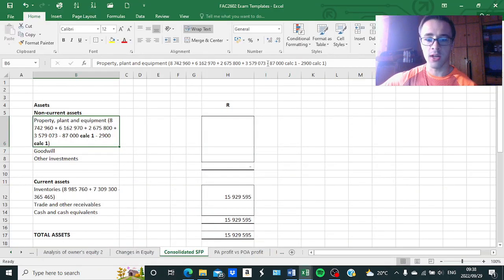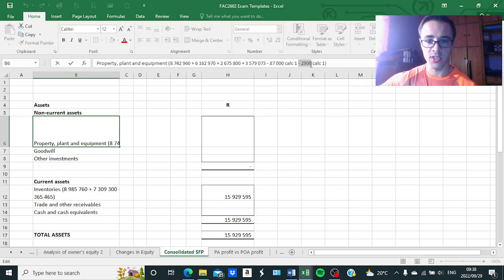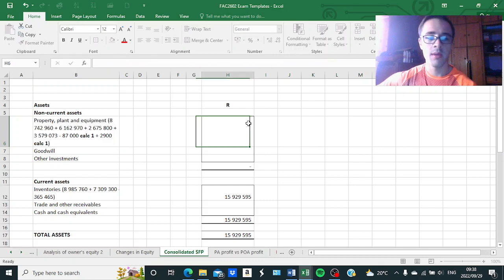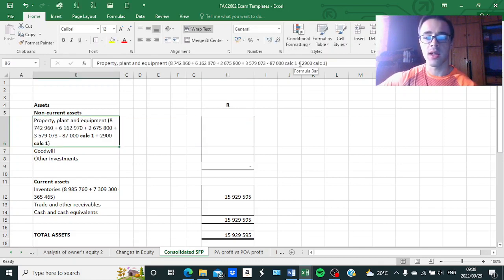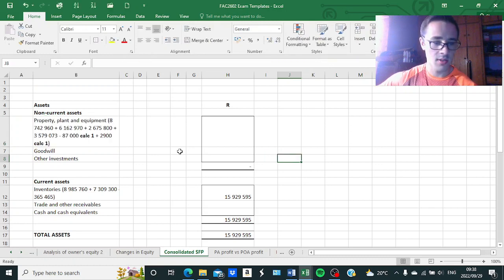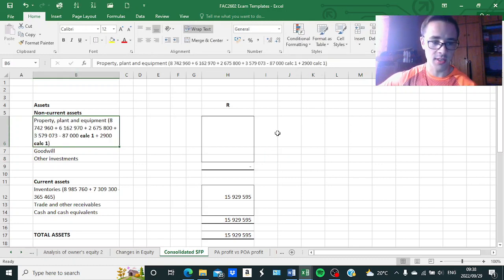We have removed the unrealized profit and the unrealized depreciation. Remember, this one needs to be added because we have decreased accumulated depreciation, which will increase the carrying value of property, plant, and equipment. So that one is added, not subtracted.